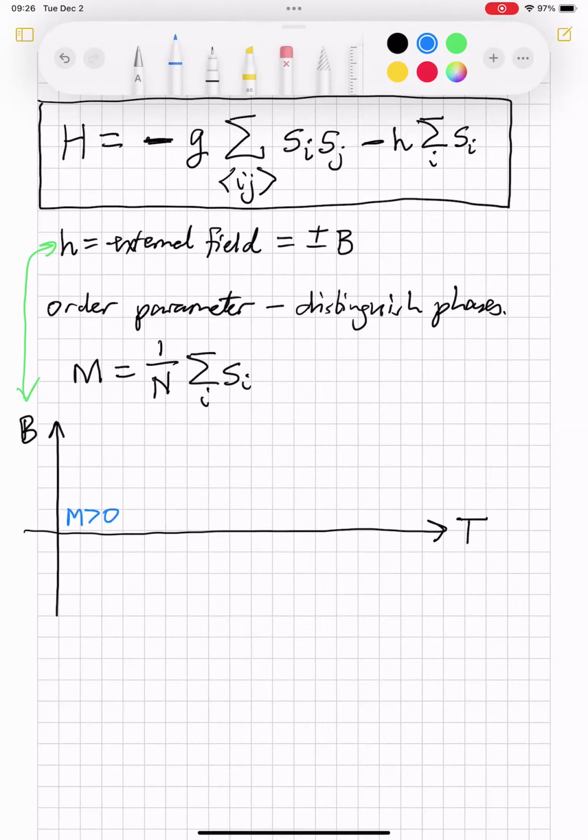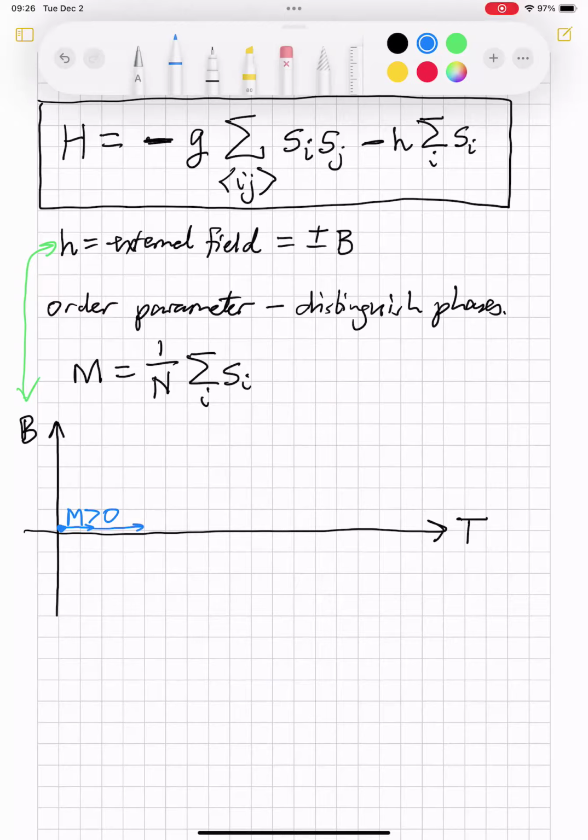Then we know the magnetization is 0. Actually, at this dot over here, right next to the origin, there I know that the magnetization will be equal to 1. As I move away from the origin, the magnetization starts to drop off. It's no longer 1, but it's still positive everywhere along here.